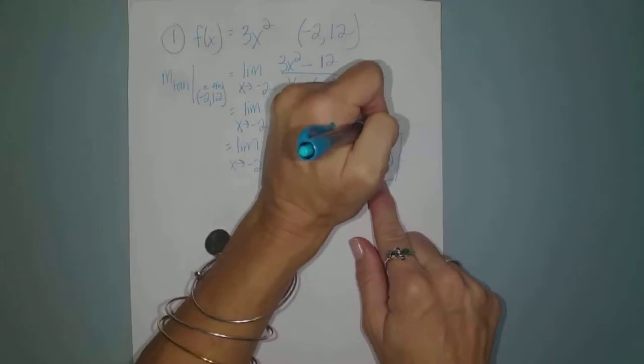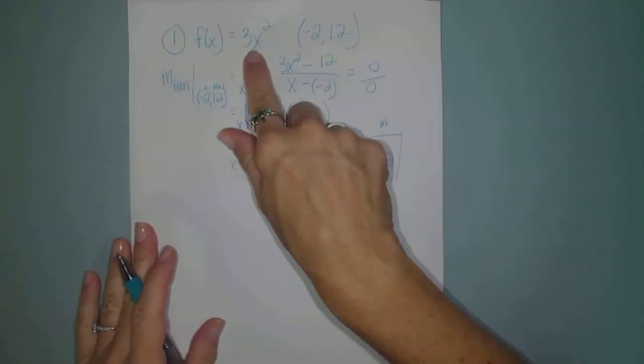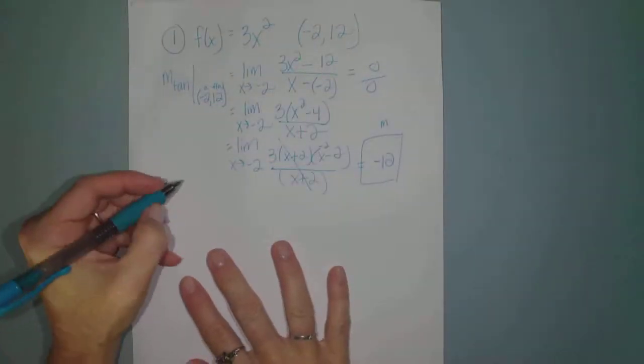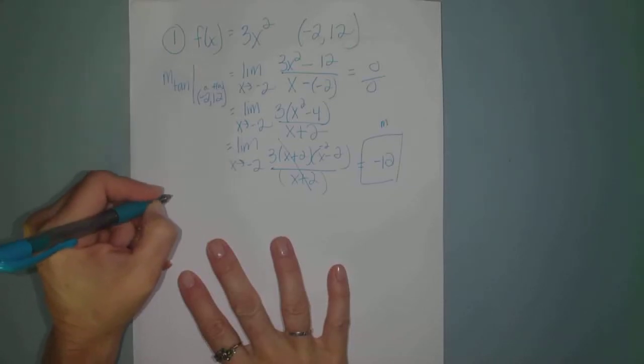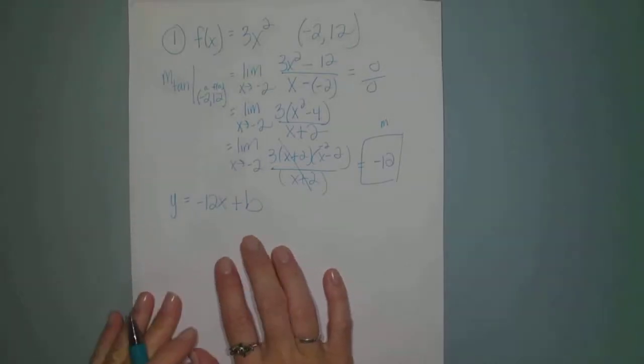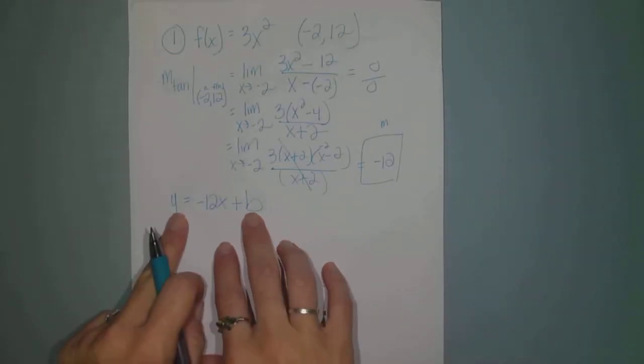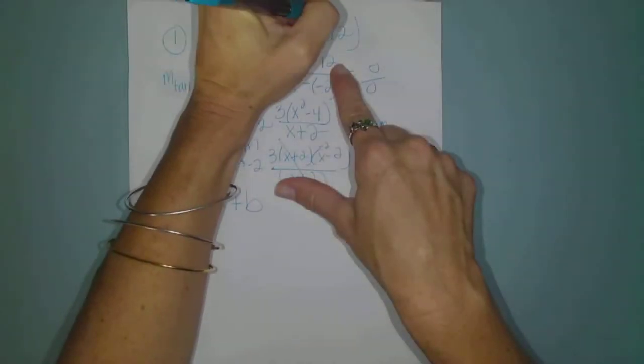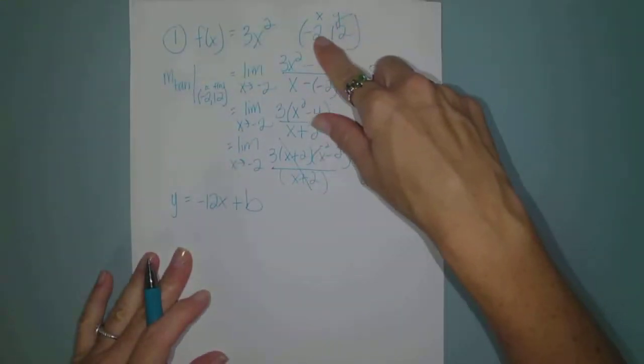This is m, the slope of the tangent line to this curve at this point. So I'm going to start my linear equation of the tangent line. Now I know y equals -12x plus b. To find b, I'm going to substitute the x and y of my point in here.